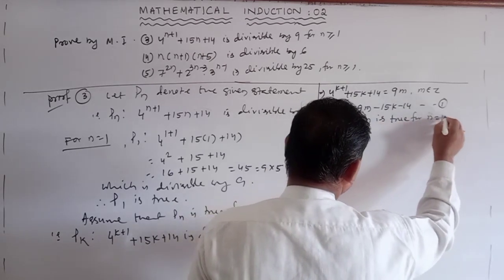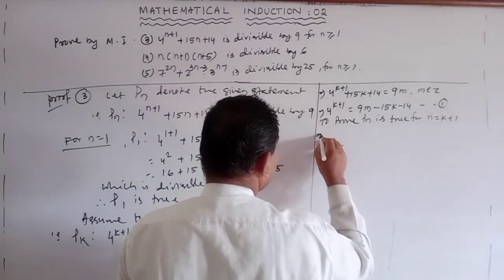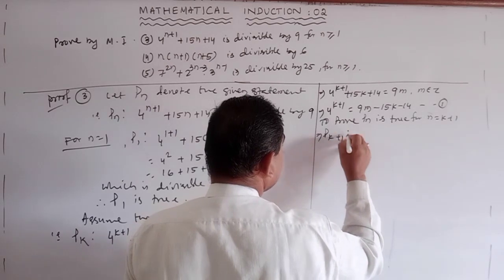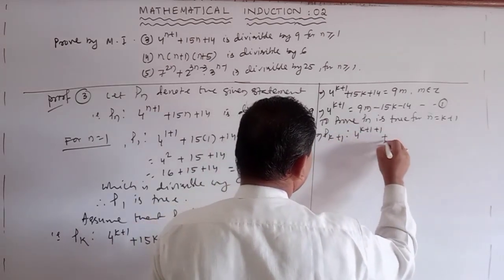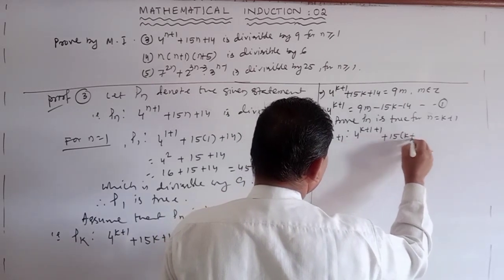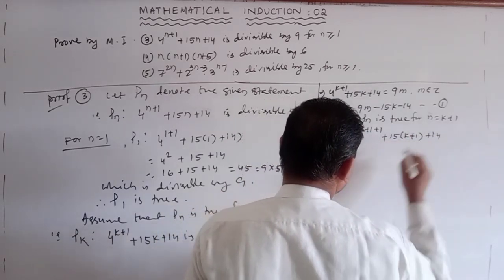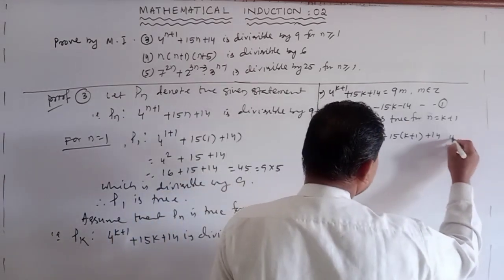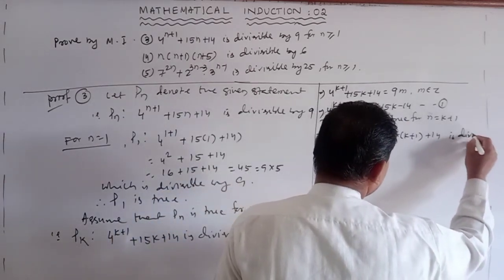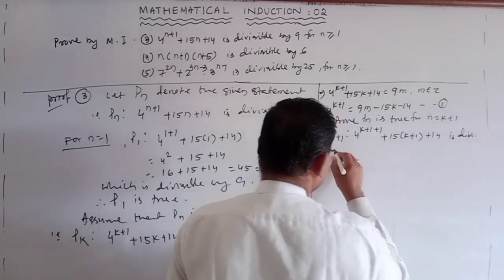n is equal to k plus 1. This implies Pk plus 1 such that 4 to the power k plus 1 plus 1 plus 15 into k plus 1 plus 14 is divisible by 9.